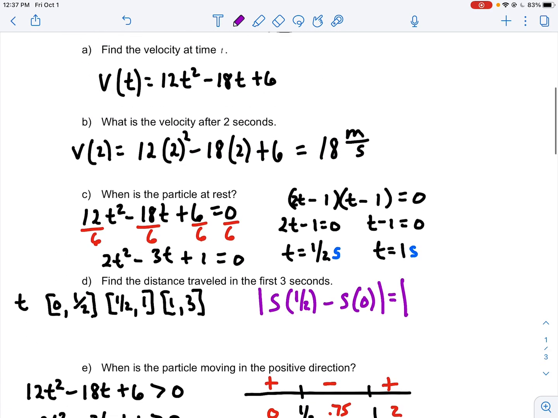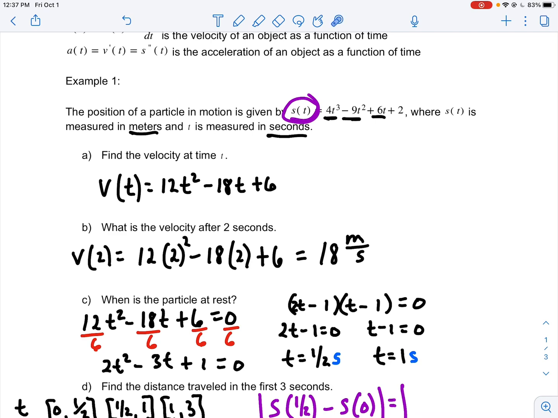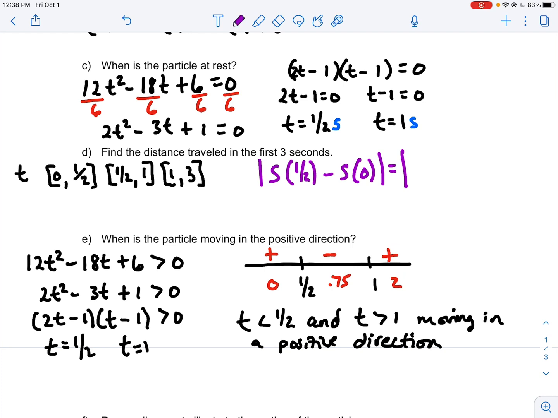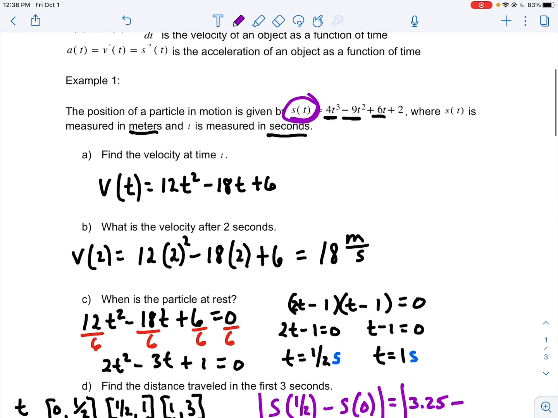So I'm going to take 1/2 and I'm going to plug it in everywhere I see a t in this problem, and I'm going to punch it out. And so when I do that, s of 1/2 is going to be 3.25 minus. Then take 0, plug it in up here into our position formula. When we plug 0 in for t, we get 2.